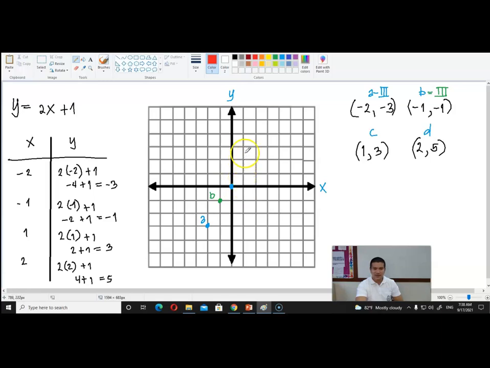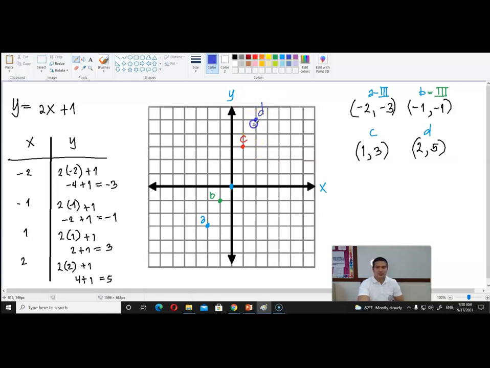We go 1, 2, and 3. This one is our point C. Point D is 2 and 5, so we go 1, 2, then 1, 2, 3, 4, and 5. This one is our point D.